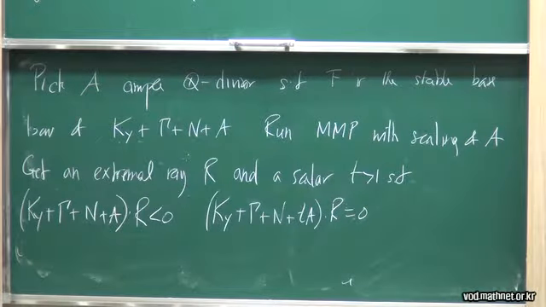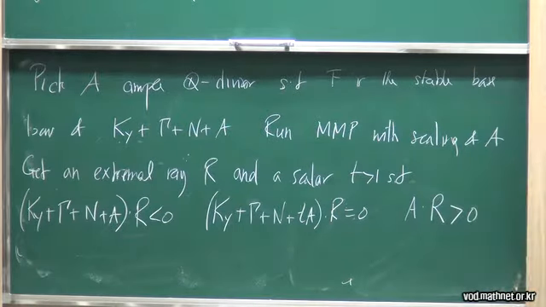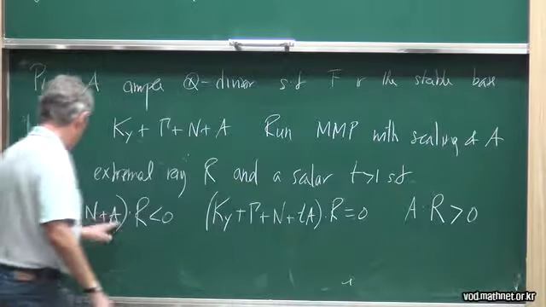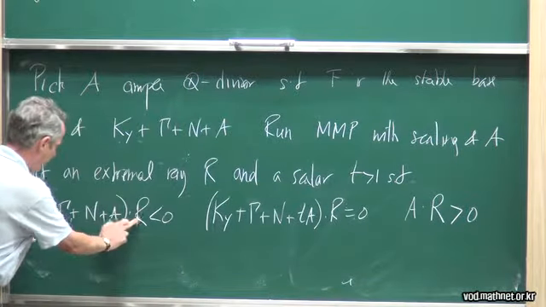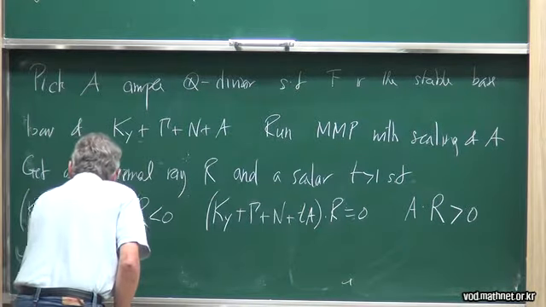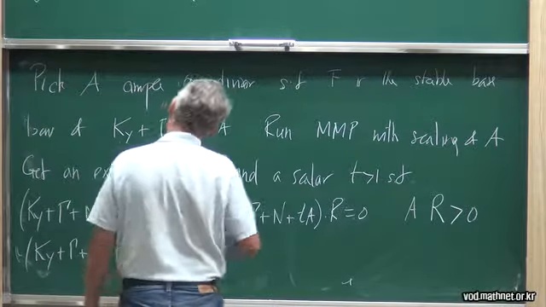That's what it means to run MMP with scaling. So if you look at those two equations, it is therefore obvious that A dot R is positive. It makes sense to say that a divisor is positive, negative, or 0 on any extremal ray. So therefore, looking at this equation, this is positive on R, so this must be negative. So (Ky plus gamma plus n) dot R is less than 0.